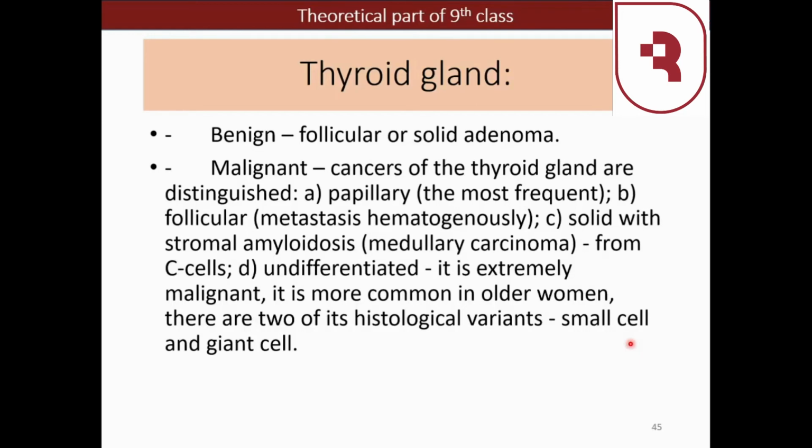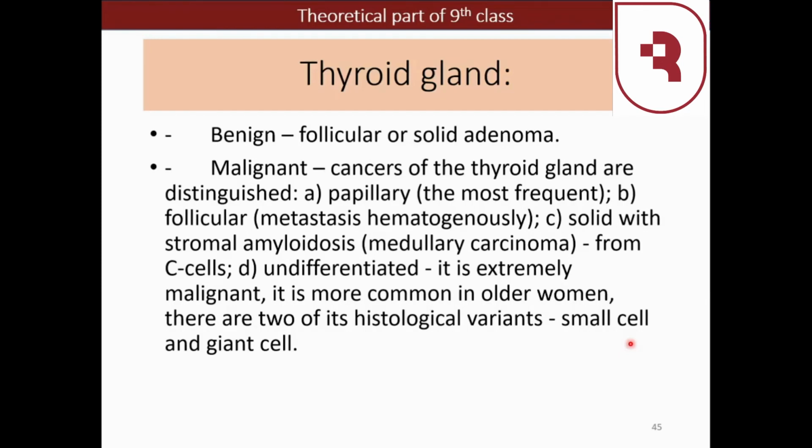The papillary type of cancer is characterized by formation of some overgrowth in the gland stroma. In the follicular type, the most important characteristic is hematogenous metastasis. Solid with stromal amyloidosis will be medullary carcinoma.